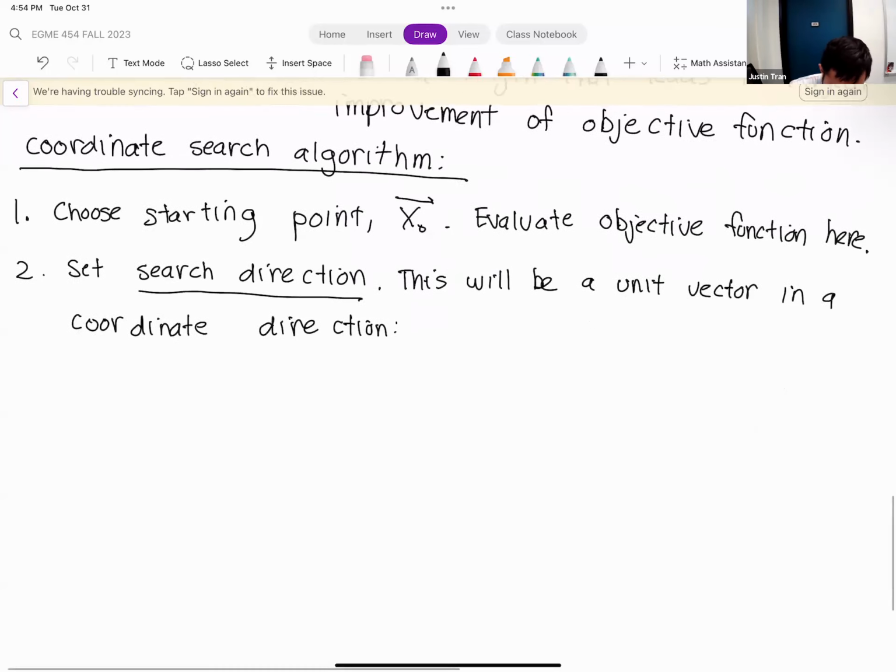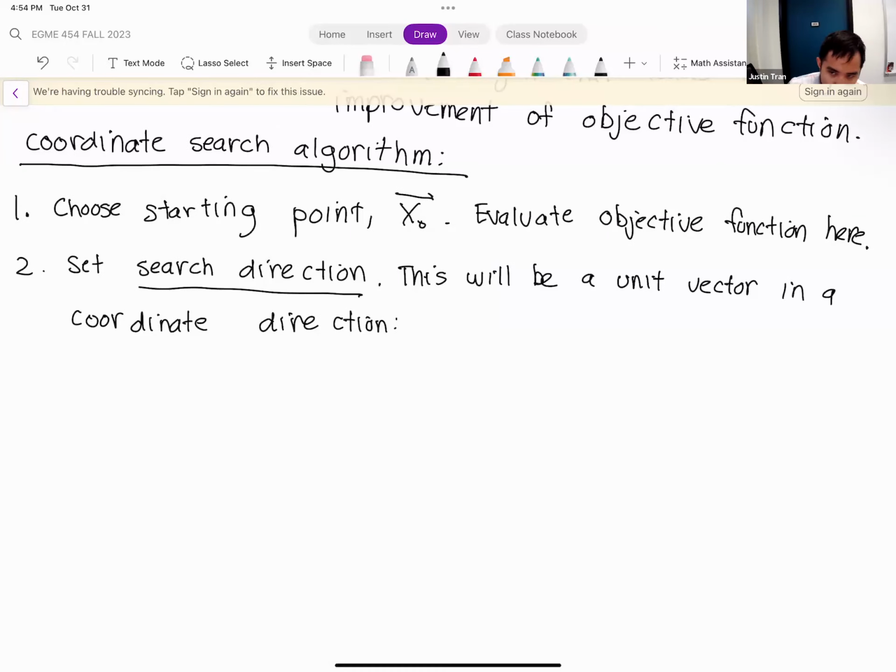If we have a 2D problem, our search direction is going to be one of two things. We can have S1, which is just going to be (1, 0), and S2 will be a direction for the other variable, (0, 1).